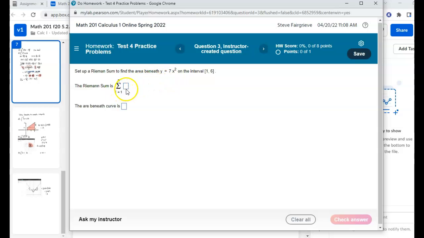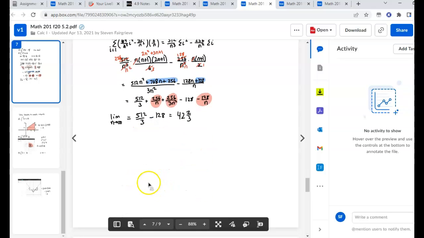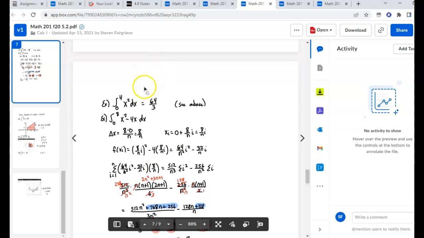In that particular problem, I'm asking you to write out what would go inside the sum, and then what's the result once we've taken the limit. So here, what goes inside the sum would be this stuff right here, and then we started simplifying and working out our sums, and eventually we get it down to a limit. So you can expect a question like that as well.